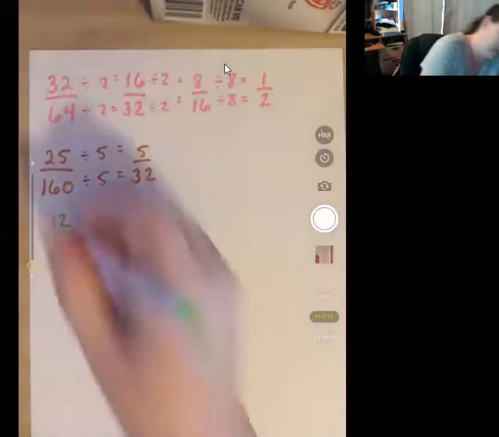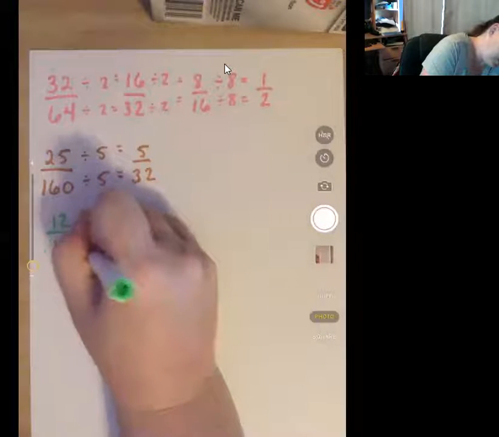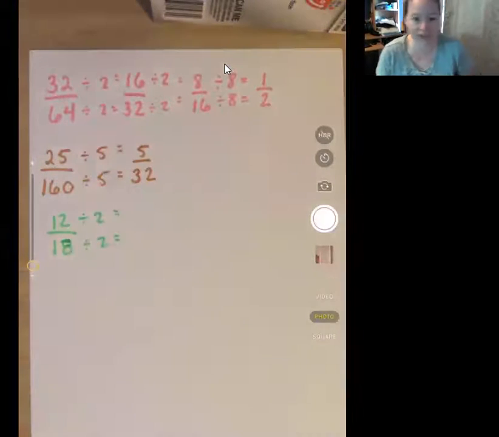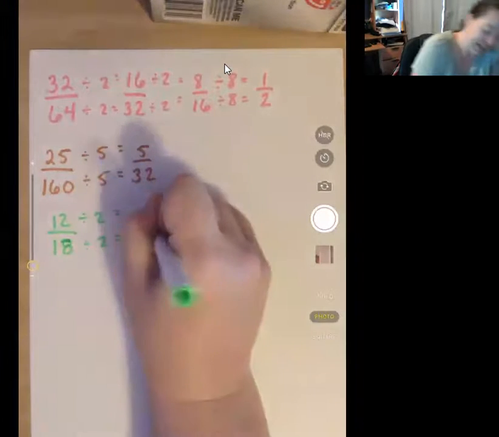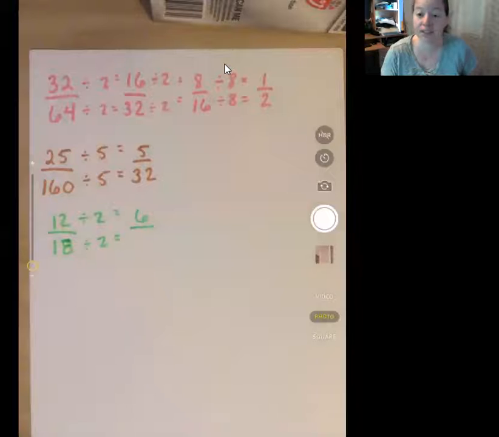Yes, I can. So let's take out a 2. The 2 and the 8 are both even numbers, so I can take out a 2. 12 divided by 2 is 6. 18 divided by 2 is 9.